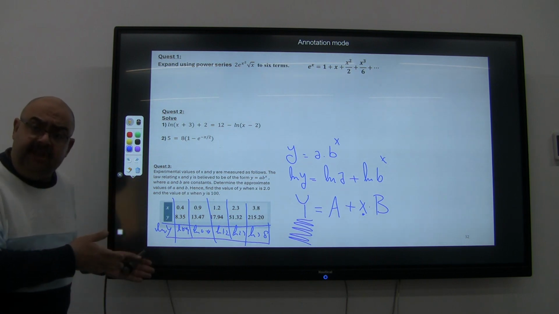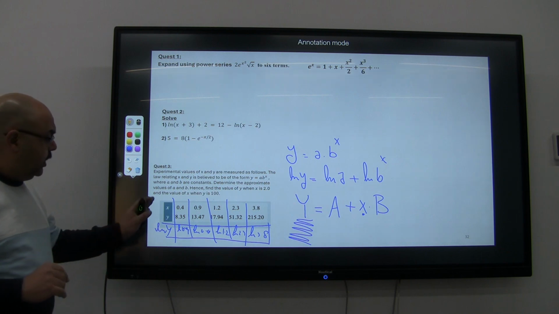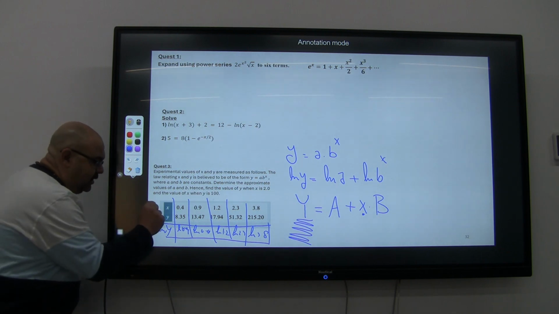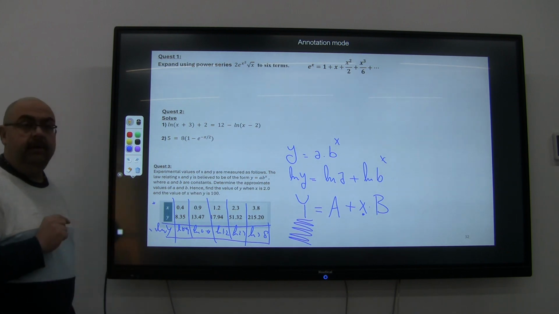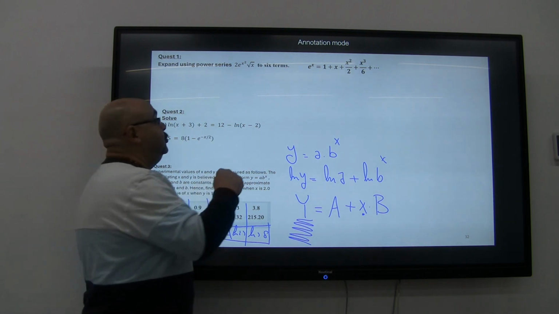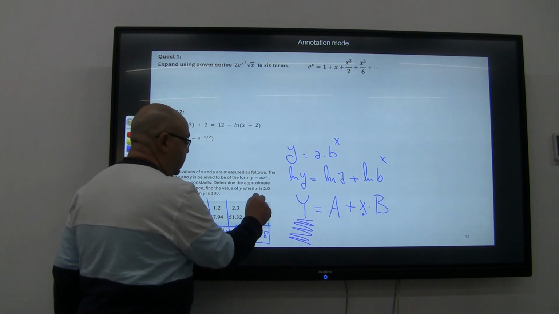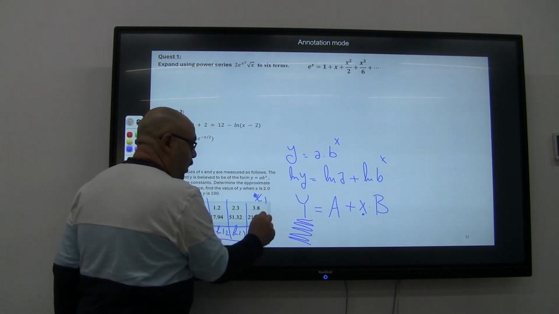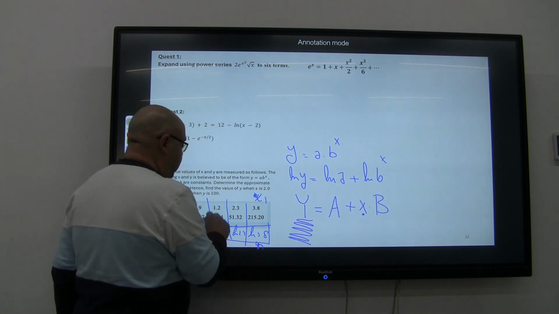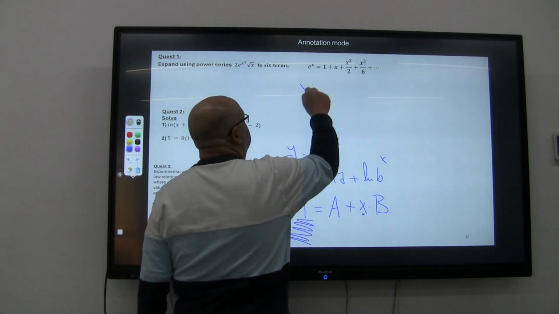You can use these values in order to graph your straight line. Also, you can use these values of x and ln y in order to use the formula that we already went through previously. Let's say this is going to be x1, this is y1, this is going to be x2, this is going to be y2, and start substituting.